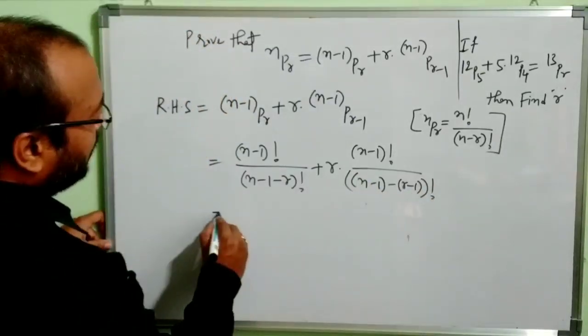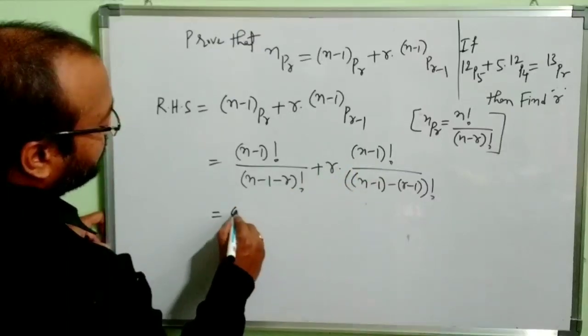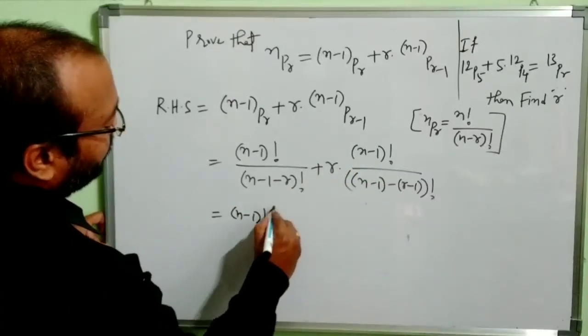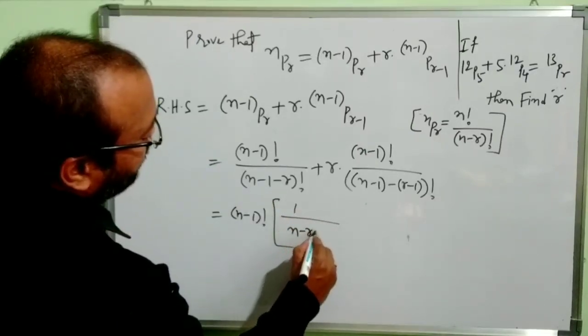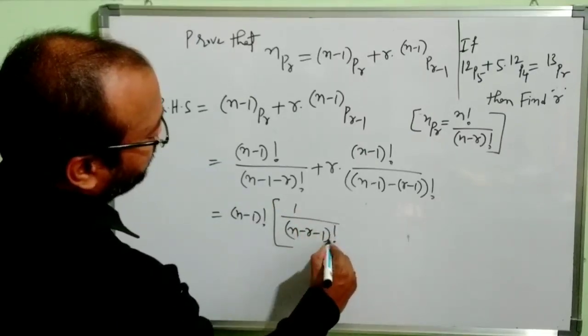Now, in the numerator, (n minus 1) factorial is common. Right. 1 by, here we can write this as (n minus r minus 1) factorial. No problem for that.